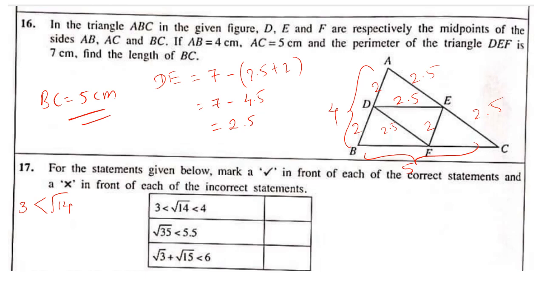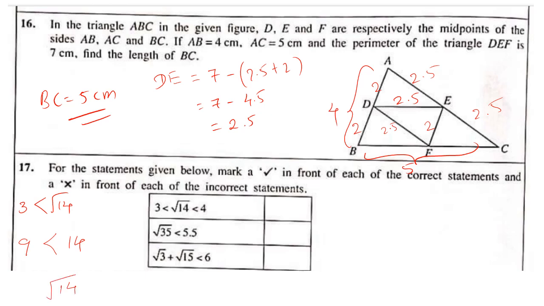You can see these both are positive numbers, so you can square both sides, right? If you square 3, you get 9. If you square root 14, you get 14, right? Then this is true, and let's see the other part, right?